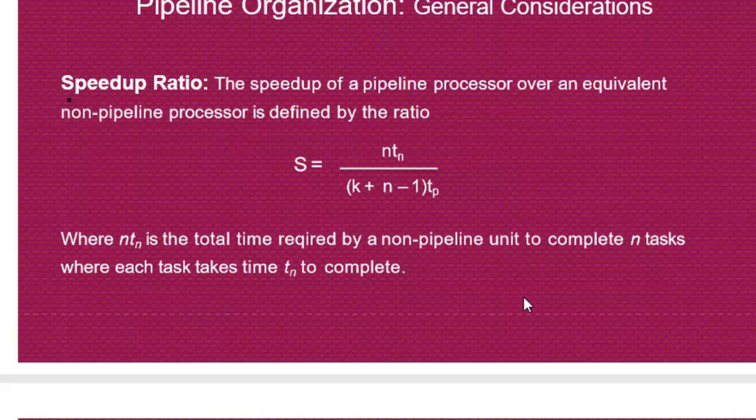Speed up ratio. So how will we calculate the speed up ratio? Speed up ratio is closely related to the speed up. The speed up of a pipeline processor over an equivalent non-pipeline processor is defined by the ratio. Speed up ratio is basically used to measure the performance of the pipeline system. It is calculated by dividing the speed up of the non-pipeline system by that of the pipeline system.